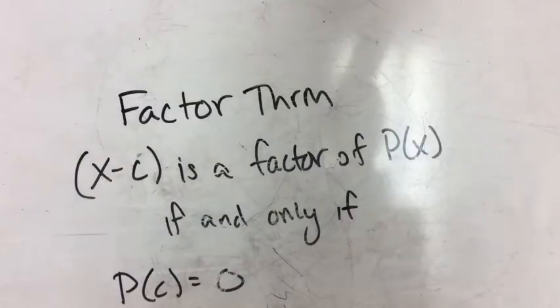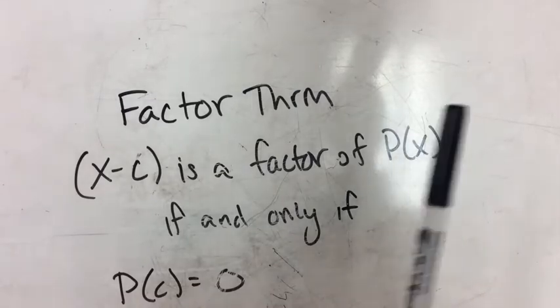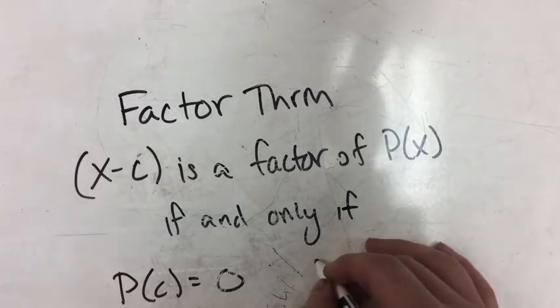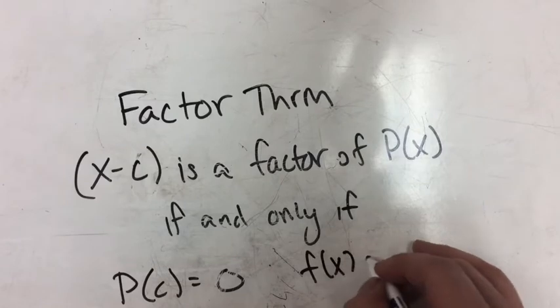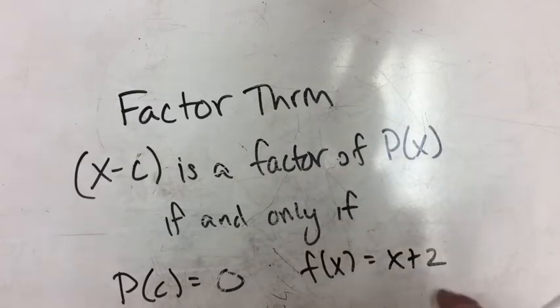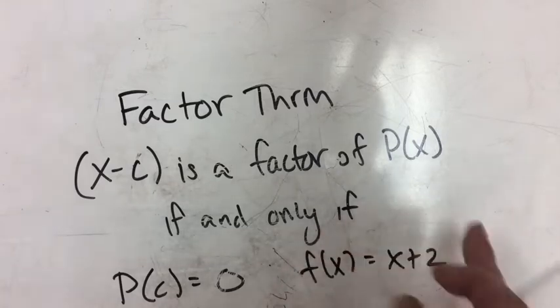The first thing I want to show you guys is the factor theorem, which says that x minus c is a factor of the function p of x if and only if p of c equals 0. And all that's saying is just a fancy way of saying, if you have some function, say f of x equals x plus 2, what makes this 0?